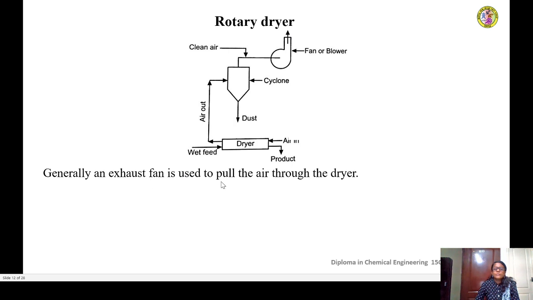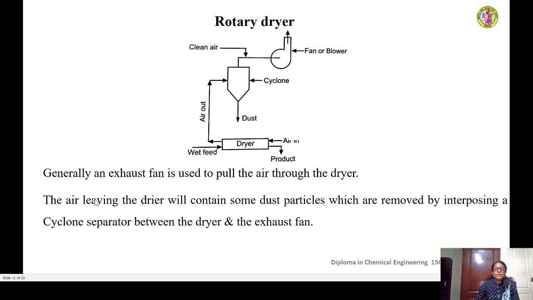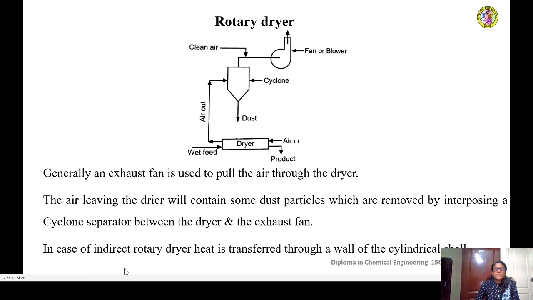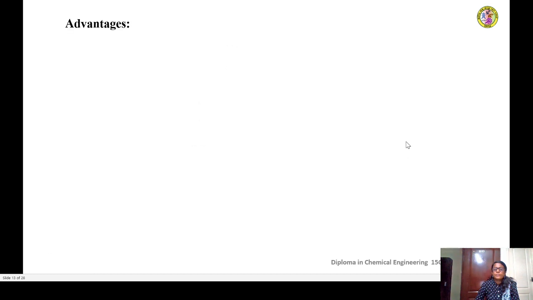An exhaust fan is used to pull the air through the rotary dryer. The air leaving the dryer will contain dust particles that are removed by interposing a cyclone separator between the dryer and the exhaust fan. In case of an indirect rotary dryer, heat is transmitted through a wall of the cylindrical shell.